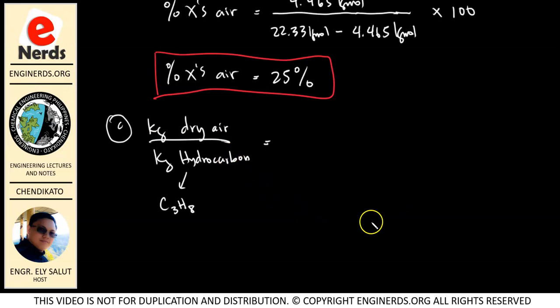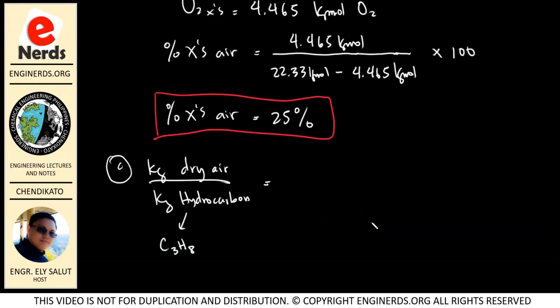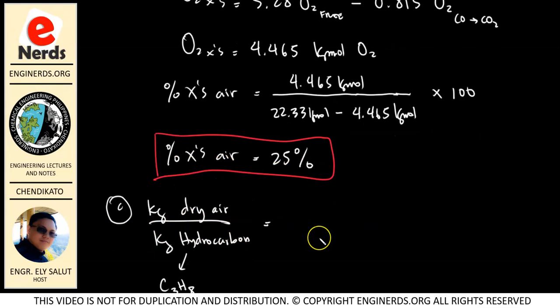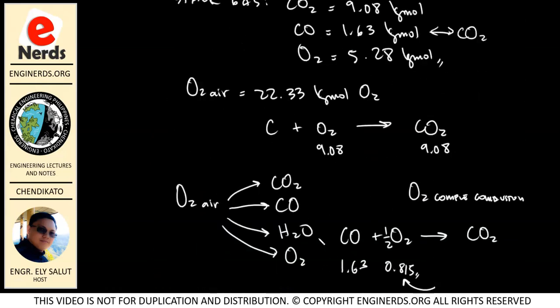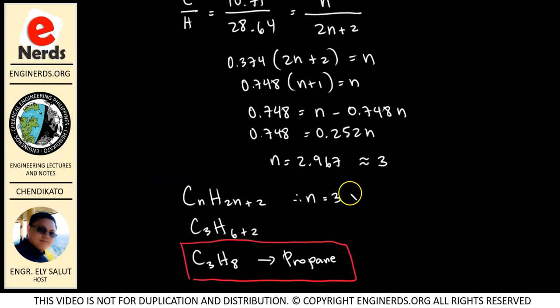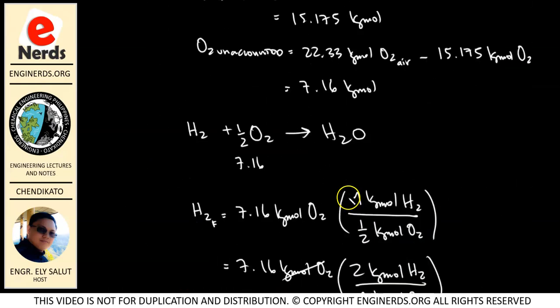So makukuha natin yan just by using kung gaano karaming number of moles ng ating O2 and N2, no? Kasi yung air natin is only O2 and N2. So, gaano karaming oxygen supplied natin? 22.33 kilogram mole of O2. Plus, gaano karaming N2? Sinolve na yan.